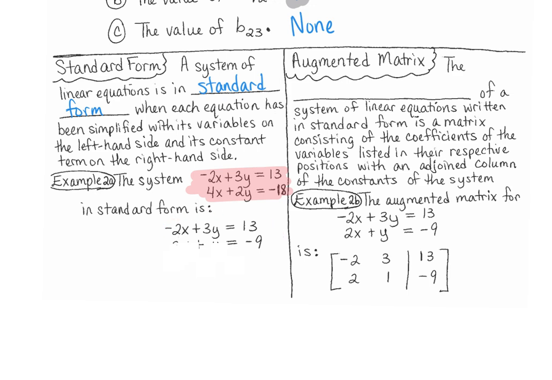So, again, for your system to be in standard form, each equation has to be what? Simplified. Each equation has to be simplified. Then you must have your variables on the left-hand side and your constants on the right-hand side of the equals.